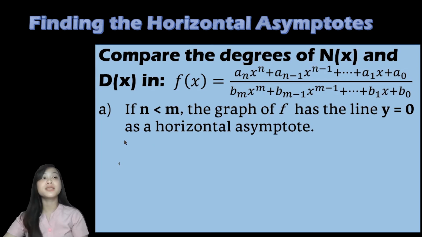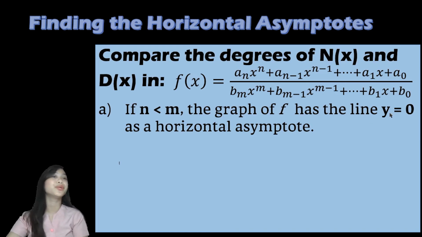First, we need to compare the degrees, n and m. If n, the highest degree in the numerator, is less than m, the highest degree in your denominator, the graph of f of x has the horizontal asymptote y equals 0.